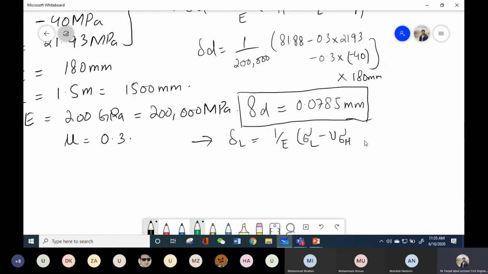is 1 over E, sigma L minus nu into sigma h minus nu into sigma r, into original length. So what will be the value of change in length? Sir, 8.42 raised to the power minus 3.